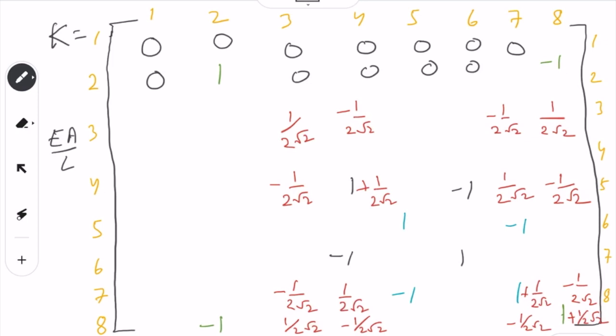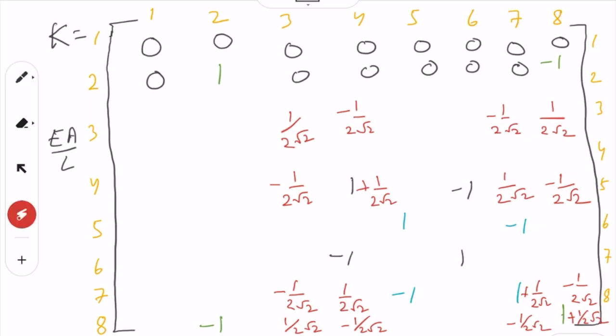Okay, just a minute, I think 1, 2, 3, 4, 5, 6, 7, 0 will be here also, sorry. So 0 here also, and here it will be 1, 2, 3, 4, 5, 6, 7 and 8. So 0 here as well. Okay, done.